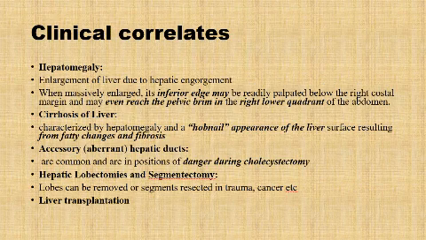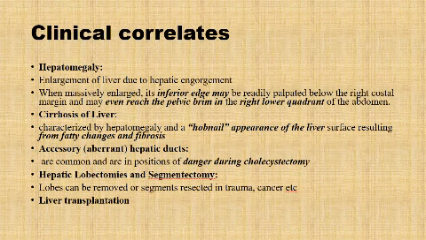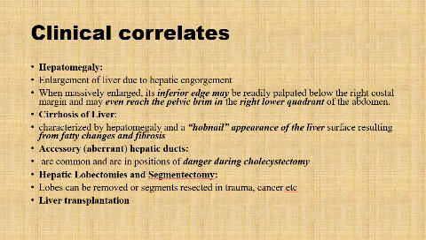Clinical correlates to this organ: we have hepatomegaly. Hepatomegaly is enlargement of the liver due to hepatic engorgement. When massively enlarged, its inferior edge may be readily palpated below the right costal margin and may even reach the pelvic brim in the right lower quadrant of the abdomen.